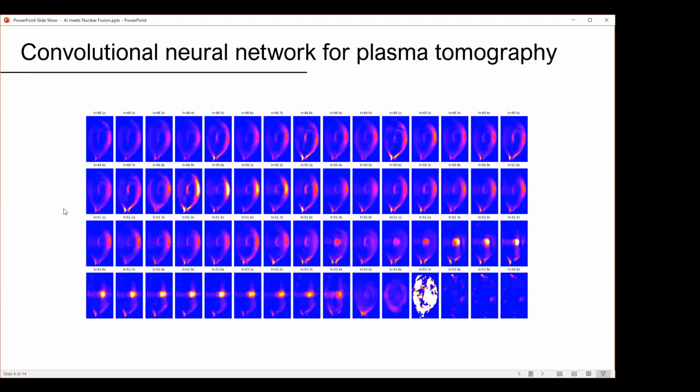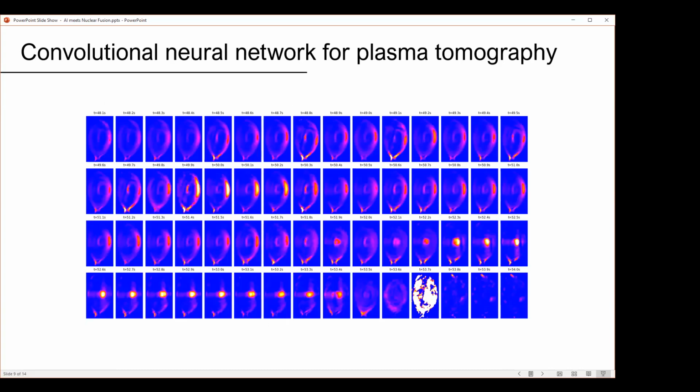With this approach, if not in real time, at least during post-processing, we're able to generate all the radiation profiles of what's happening inside a machine during a full experiment.